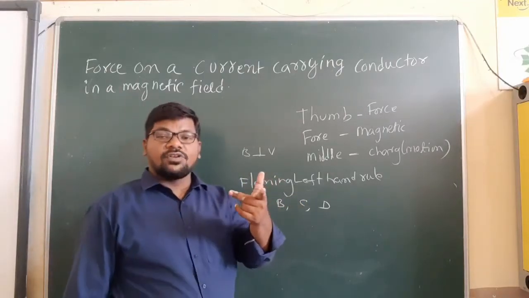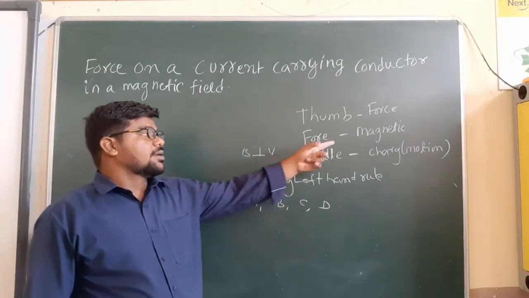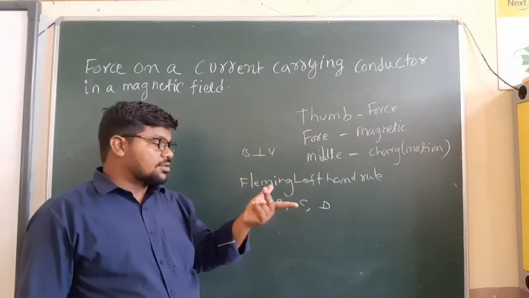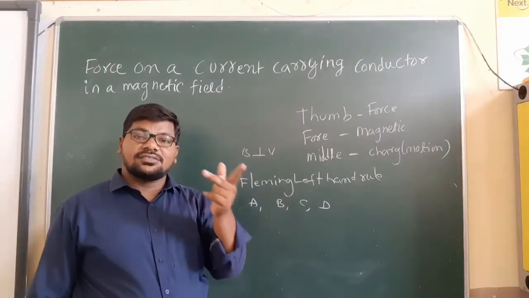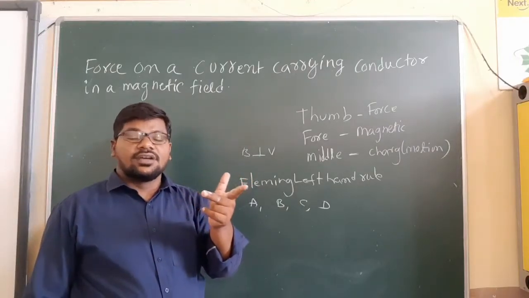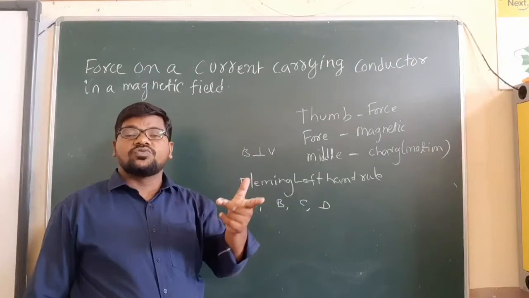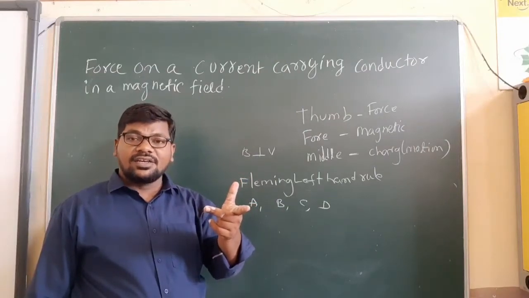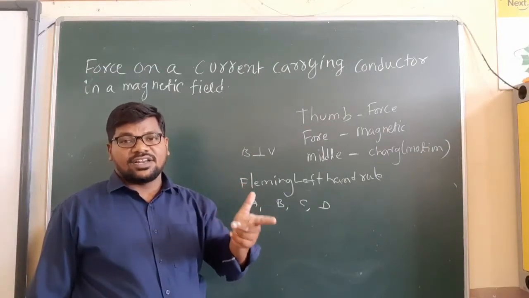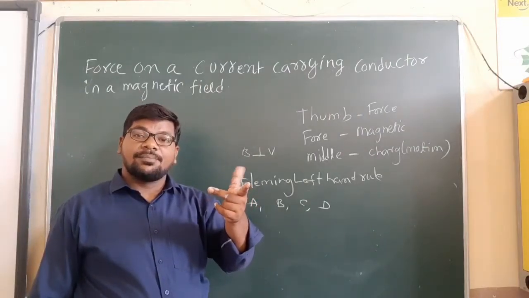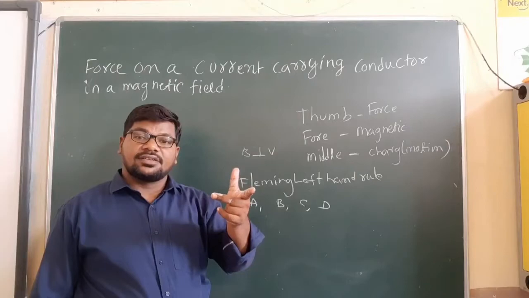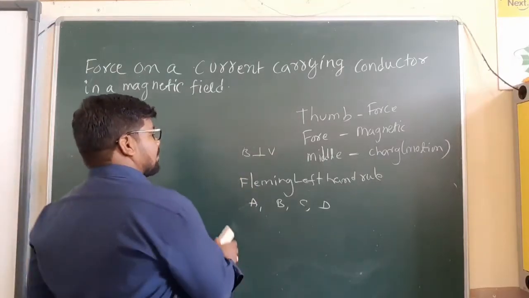In this case the forefinger indicates the magnetic field into the board, and the middle finger indicates the direction of the charge and the velocity direction, and because these two are arranged perpendicularly, force is generated. Clear? That force is indicated by the thumb finger. Clear, my children?